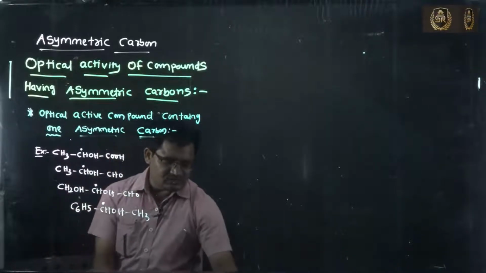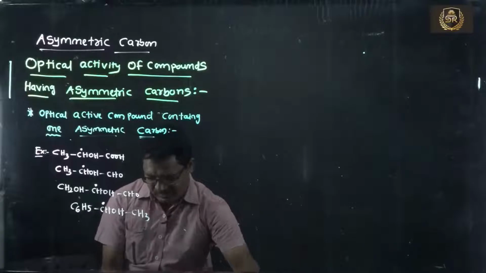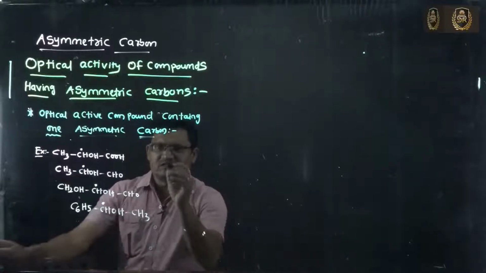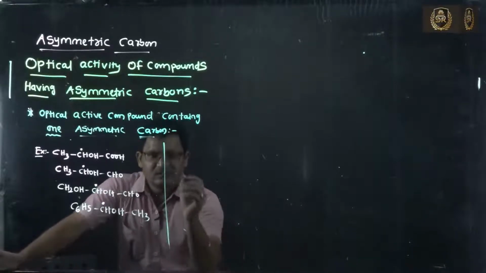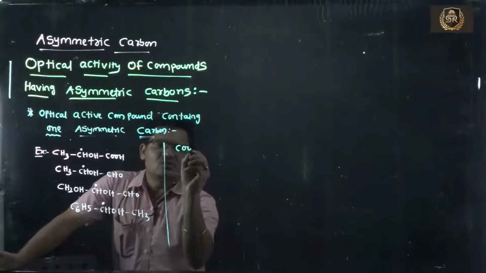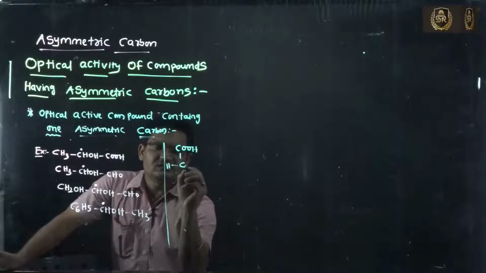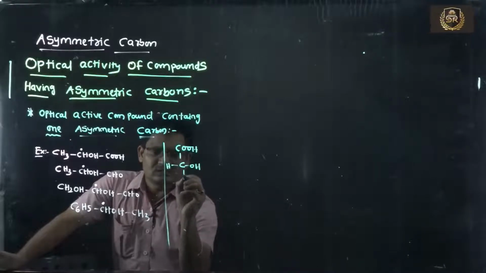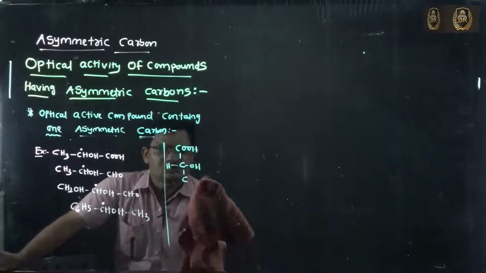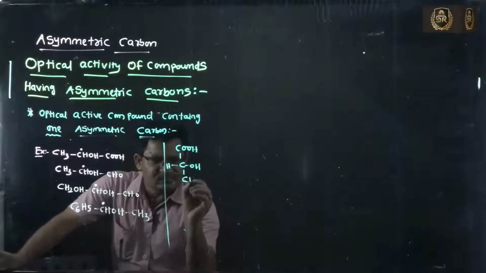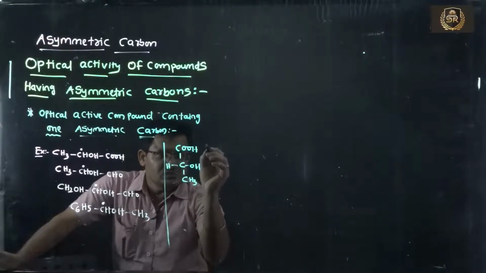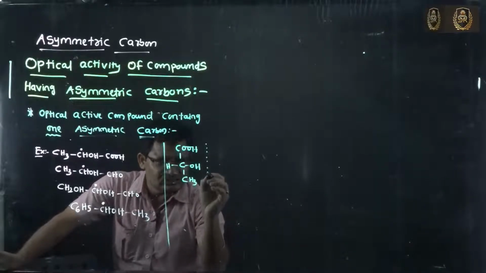For example, if you see like this, COOH here, CHOH, then the last one is CH3. Now which is the mirror image of each other?